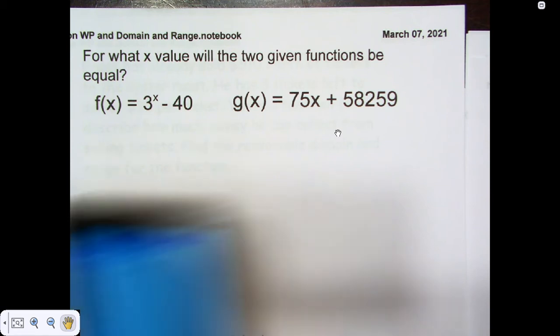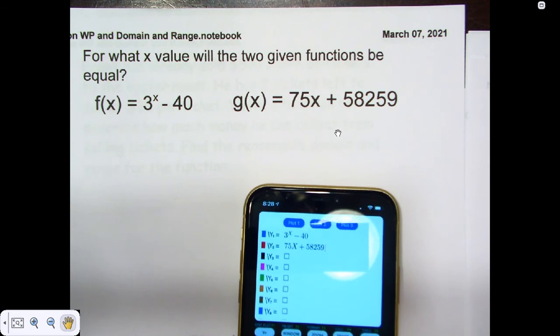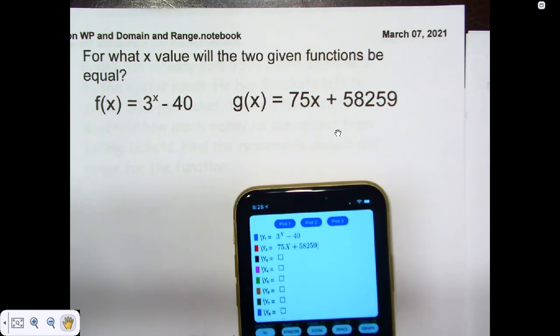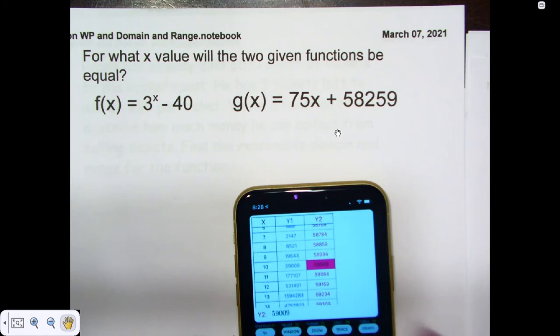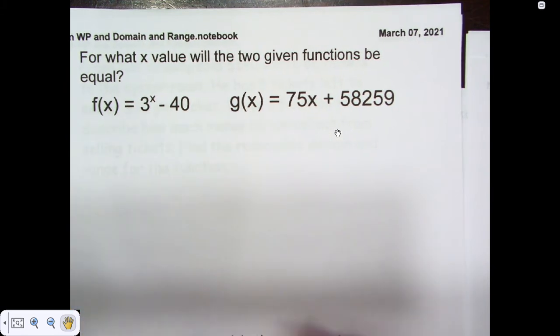So you're going to y equals, typing them both in. And then second window, make sure you start at 0, and then second graph, and you will see that they are both equal at 10.